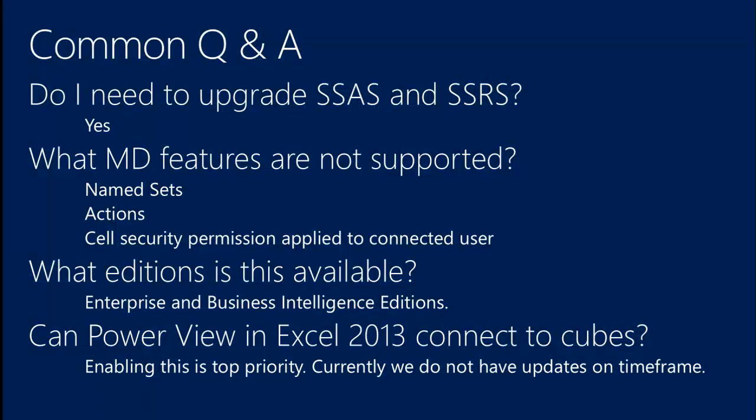So if you have named sets in your cubes, they will just be ignored by PowerView. So it doesn't break. You can still use the rest of your model against PowerView, but named sets will not show up. Actions and cell security permissions apply to the connection user. So if you have cell security connected to the connected user, that will also not be supported.